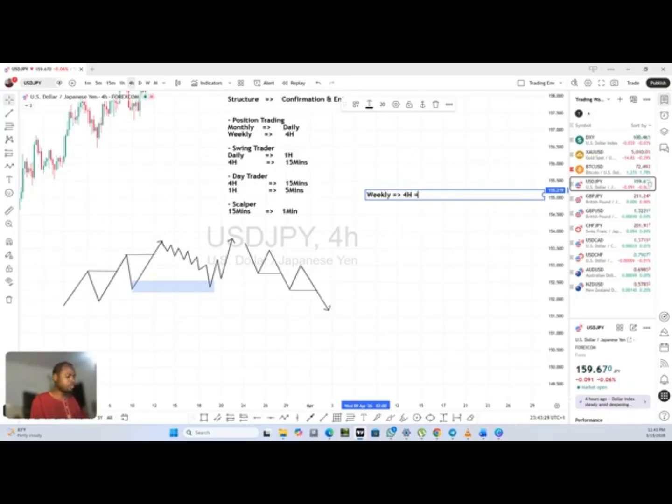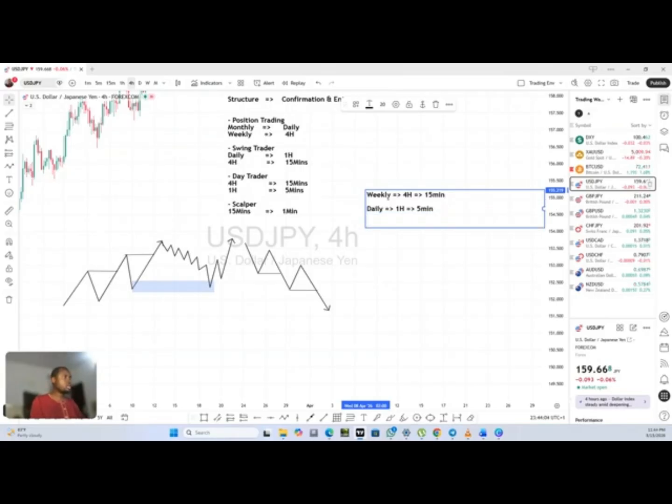From 4 hour you drop to 15 minutes. 15 minutes to look for entry. But if you are going to use 1 hour, the bigger time frame for 1 hour is daily. From daily you drop to 1 hour. From 1 hour you drop to what, 5 minutes. 5 minutes for your entry.